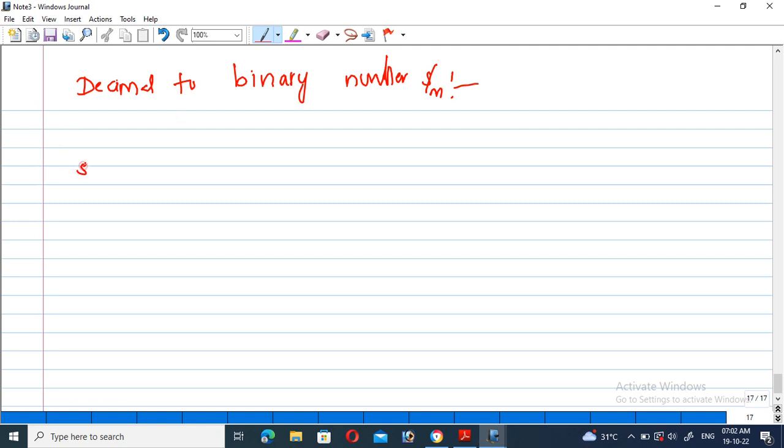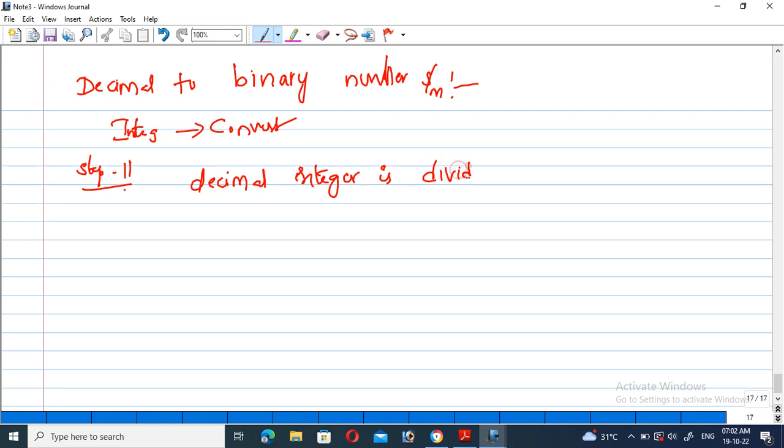Step one is integer conversion: the decimal integer is divided by 2, and we leave the remainder.